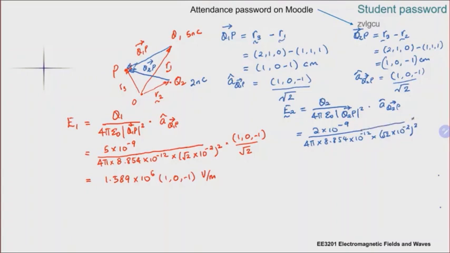Then the unit vector is (1, 0, -1) over root 2.